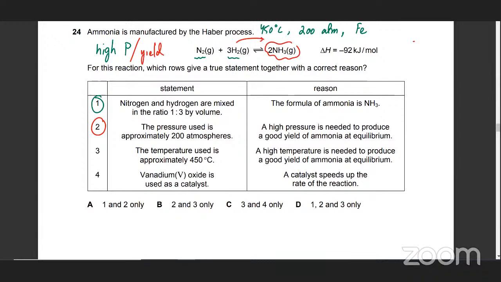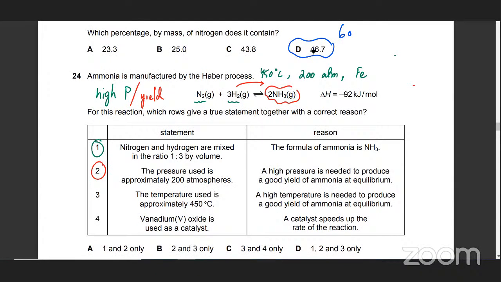फिर next one, the temperature used is approximately 450. That's also fine. A higher temperature is needed to produce a good yield of ammonia. ये मैंने कहा कि it's an exothermic reaction, right? वो उसने enthalpy change दी हुई है. The forward exo है. When would an exothermic reaction be favored?